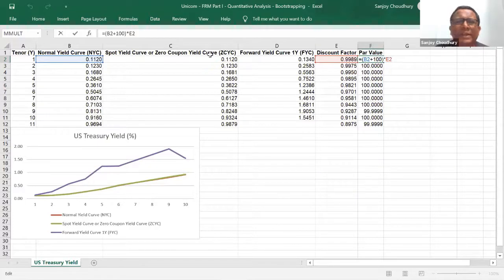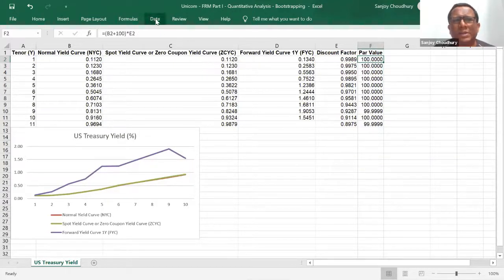So if the yield of 1 year is 0.1120 percent, after 1 year on 100 you are getting 100 plus 0.1120. This cash flow is multiplied by the respective discount factor given in E2, computed as 0.9989, and the resultant term is essentially the par value, which is 100.